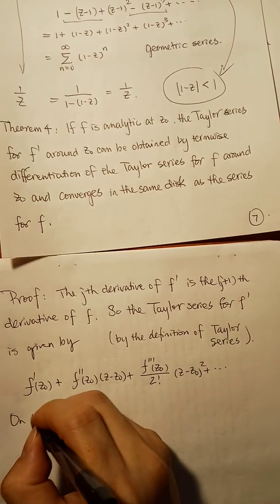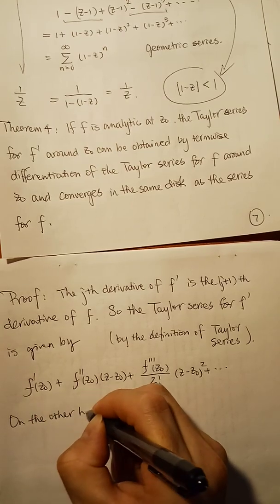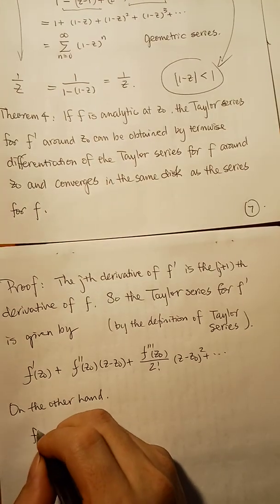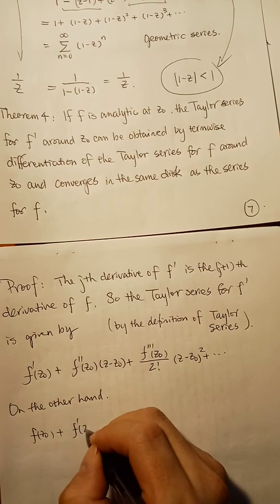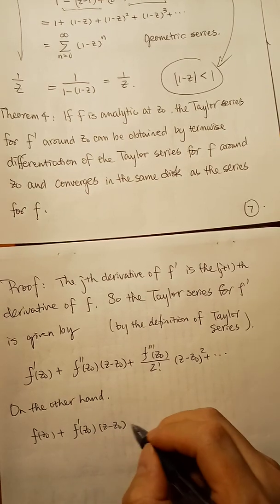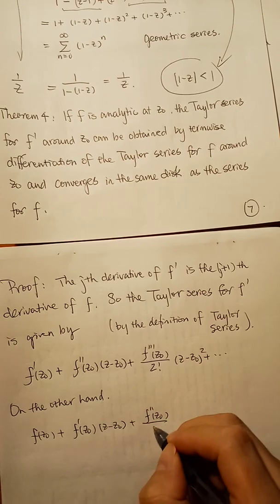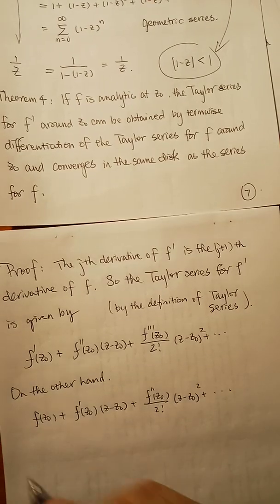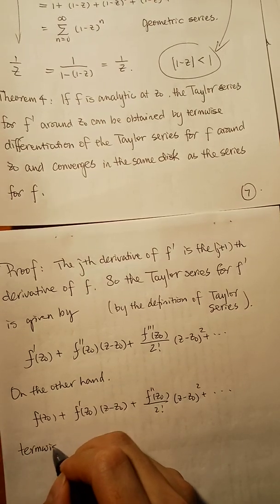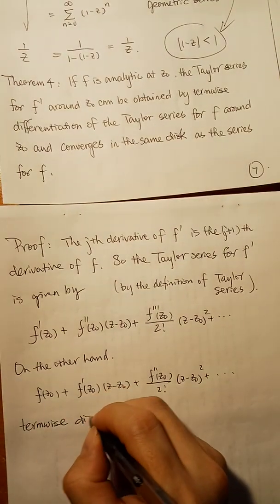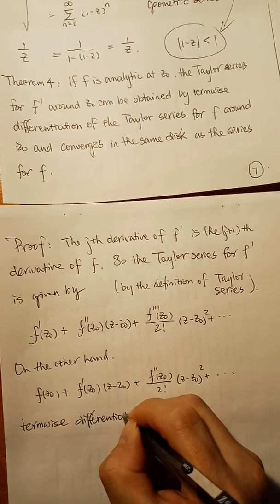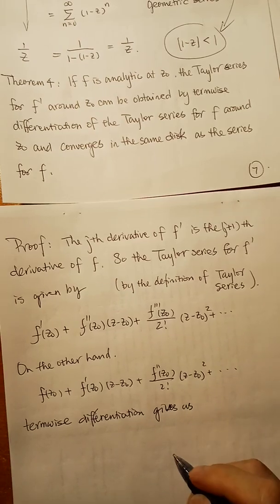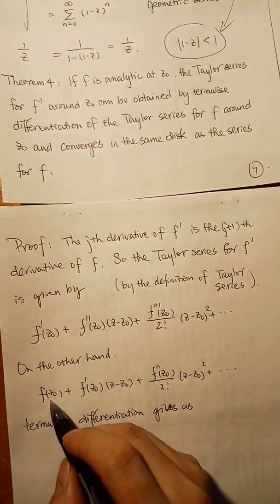On the other hand, if we have the original Taylor series, we do term-wise differentiation. It gives us, you see, this term is 0.